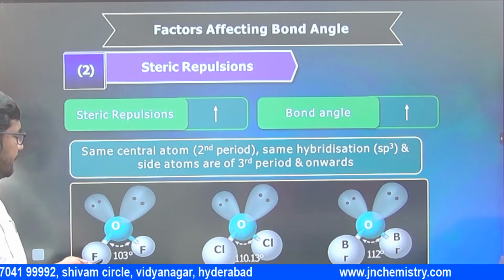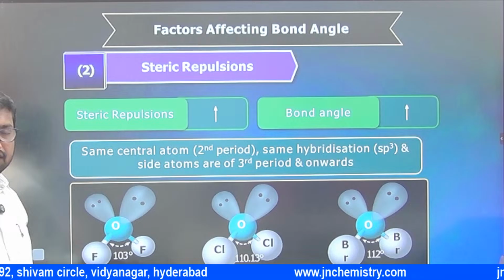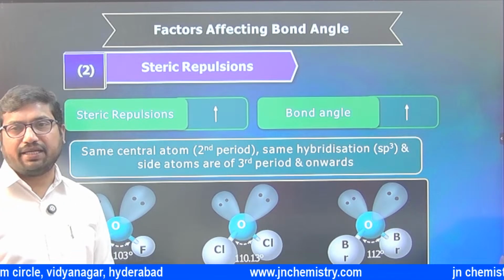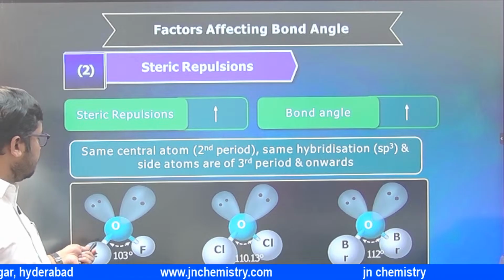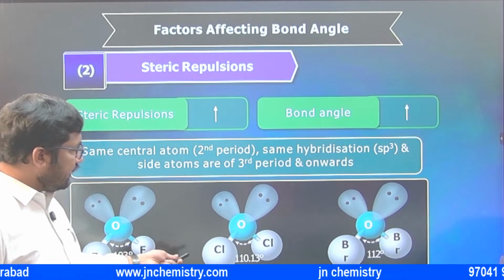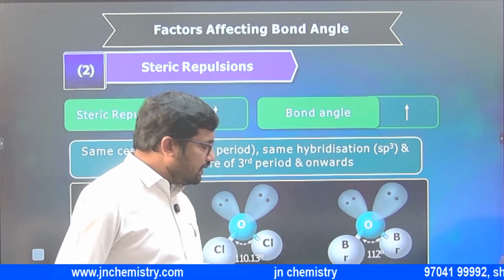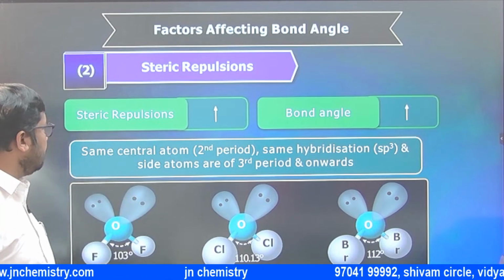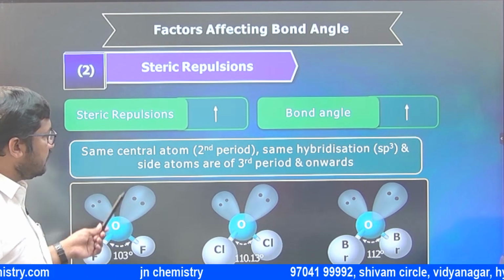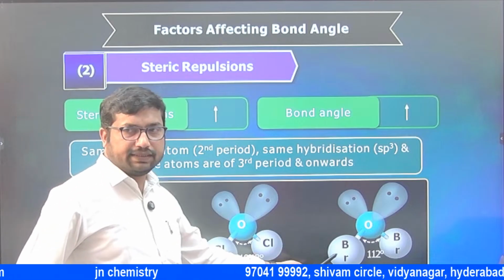All are having the same hybridization. Earlier I told you based on hybridization, but these factors are important. So here it is 103, 110, 112, which depends on size, because of fluorine, chlorine, bromine size. Steric repulsions are increasing. Here the bromine size is bigger.